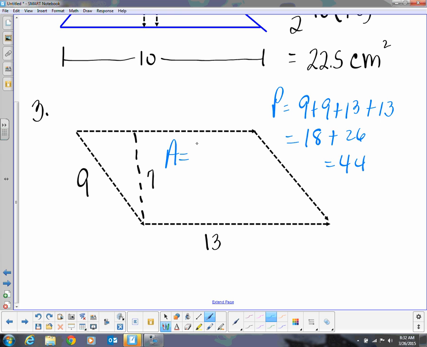What is area? Base times height. Why, Albert, why did you say 7 times 13? How do we know? But how do you know that's 13? Okay, just checking. I think that's 91, am I right? Okay, next. 8.